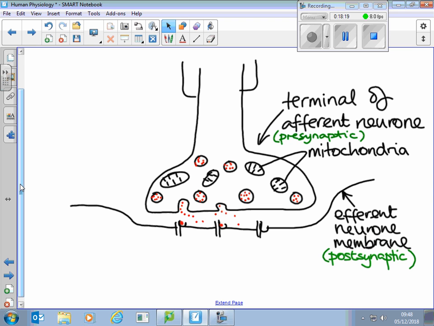Right, now we're going to look at the steps that occur in this process. First thing is, of course, you've got to have an action potential arrive here. So that's a wave of depolarization that reaches this terminal. And it will arrive at this uncovered part, because we've got the myelin up here.